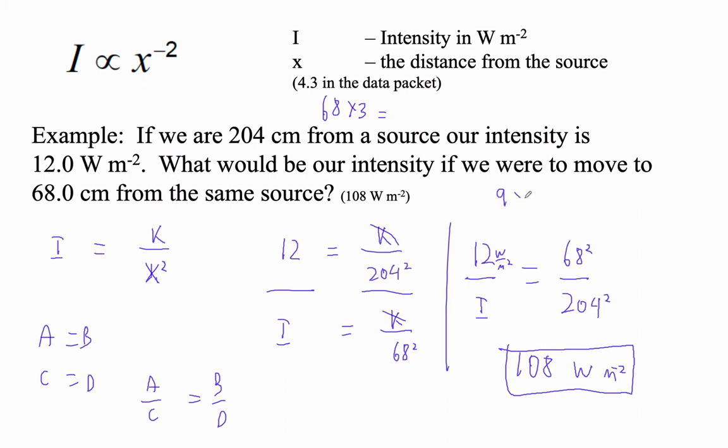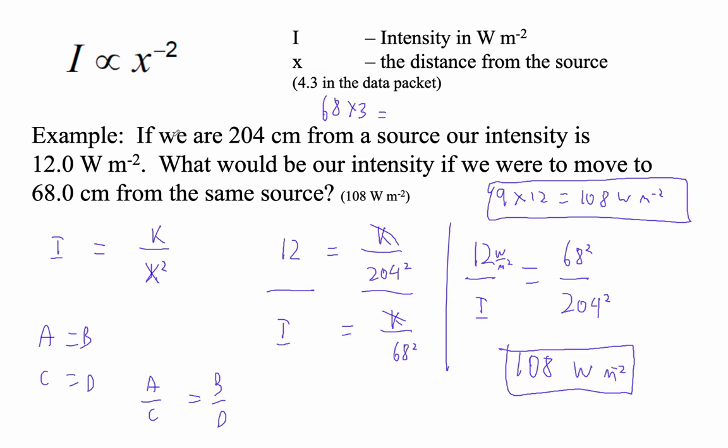Is it possible that 9 times 12 is 108? Indeed it is. So a lot of times when IB is giving you these, if you see the proportionality, you can just do that. And why is it 9? Because you're getting closer and it's an inverse square. So it's going to get brighter by the square of the number. So if you're 3 times closer, it'll be 9 times brighter.